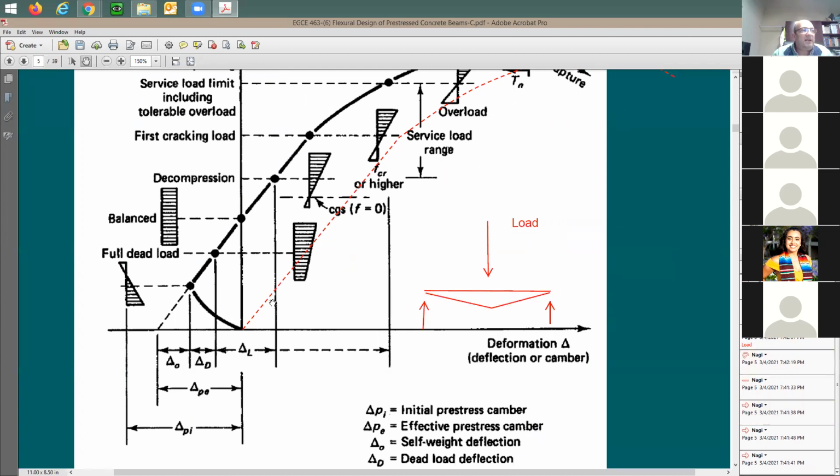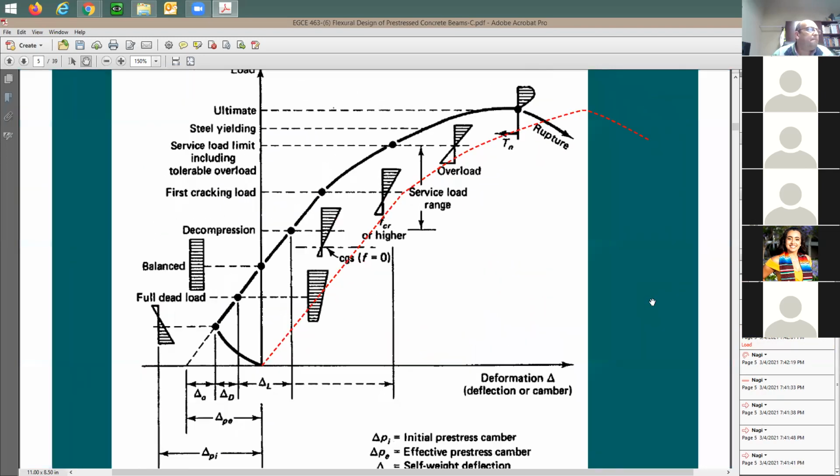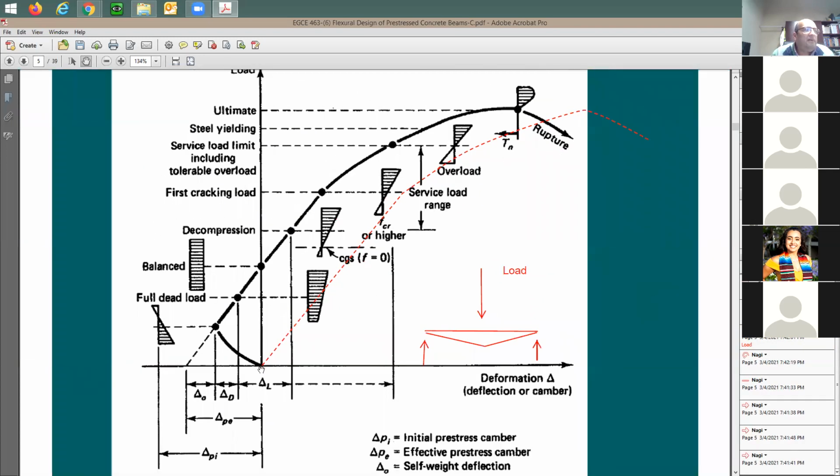So I'm going to be doing this graph here between the vertical load and the vertical deflection when the beam comes down. And see what happens. This dashed line is for the conventional concrete beam. No load, no deformation. Makes sense? If you start to apply some load, you have some deflection.